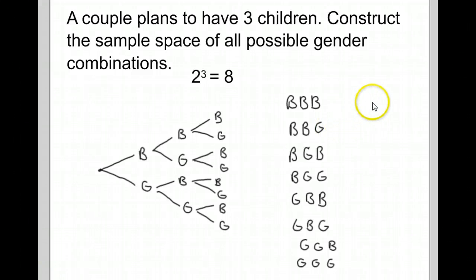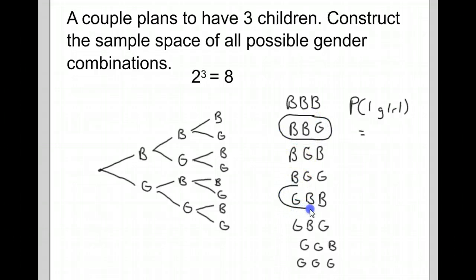Now I could be asked, what's the probability of having exactly one girl? Well, I would go through here and find all the things that satisfy one girl, and only one girl.